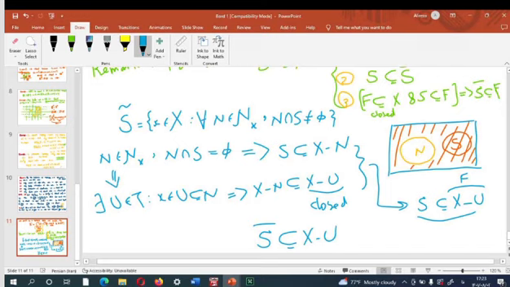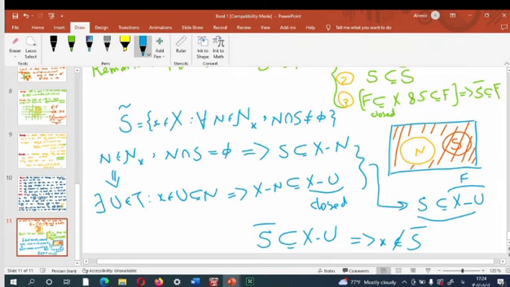And since x is an element in U, x does not belong to this set, so x does not belong to S bar.